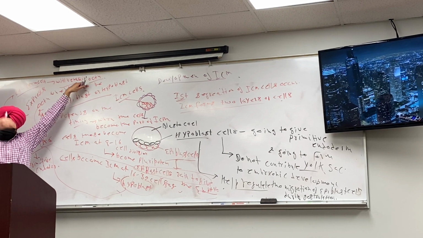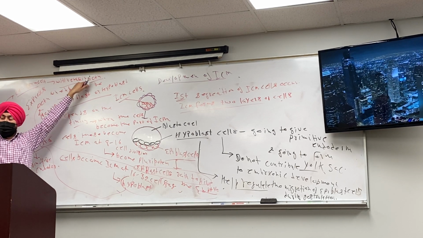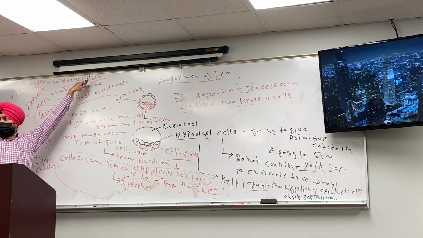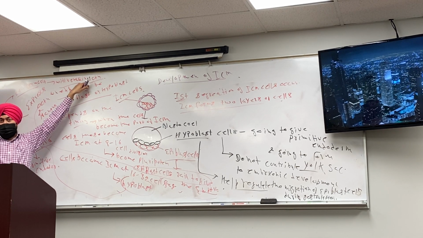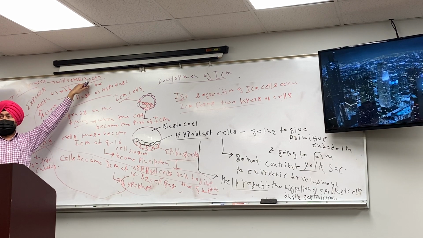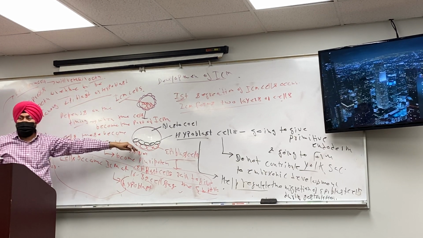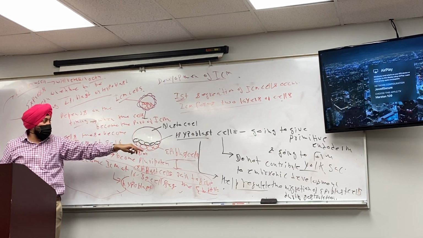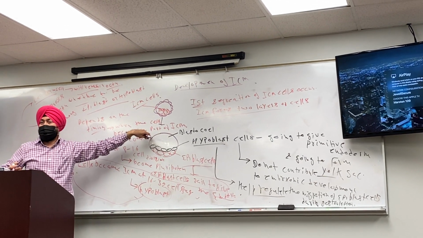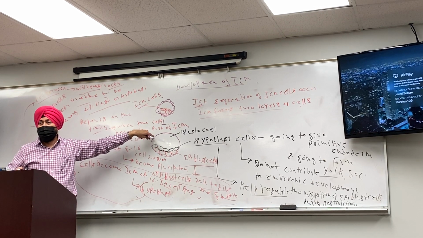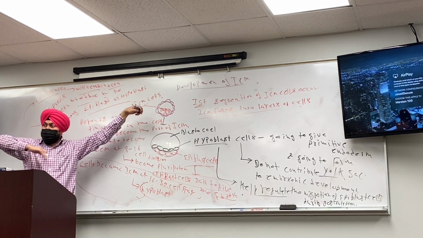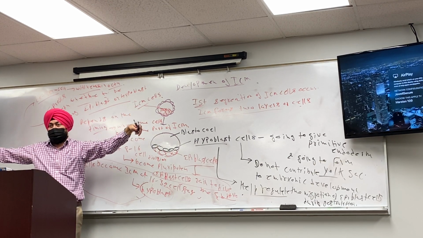So at each step you are losing that potency as you go from one step to the other. These are now no more embryonic stem cells because they cannot give you everything. You have these hypoblast cells coming out there. So potency decreases as development proceeds.